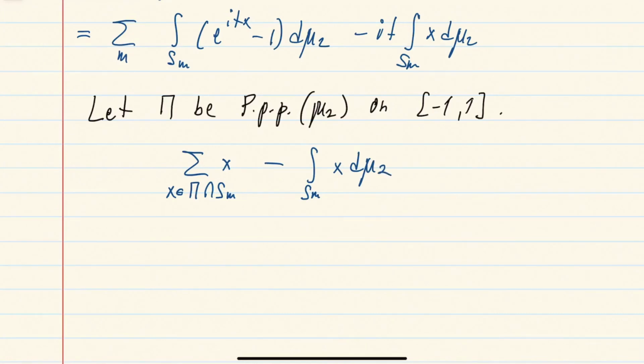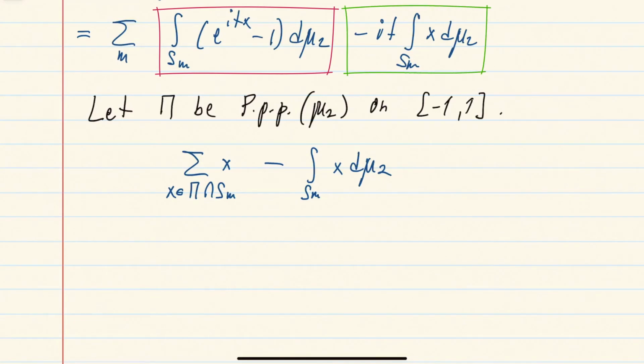Then we know again by Campbell's theorem that the characteristic function of this first sum will be just the first integral above. And the characteristic function of the second constant is exactly that second term above.